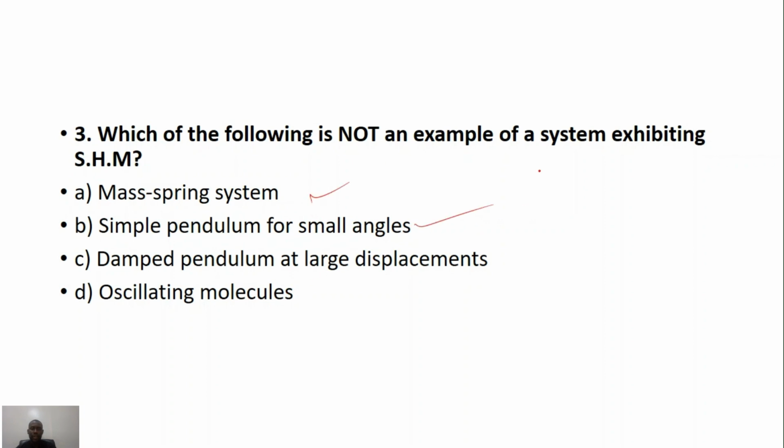Damped pendulum. Let's say a body is hung like this and it is displaced. It is said to be damped when there is an external force opposing this restoring force, and this external force can be in the form of air resistance. That's a damped pendulum. One of the assumptions in simple harmonic motion is that there is usually no external force acting on the body undergoing simple harmonic motion, such that its amplitude is preserved and it continues that motion until eternity.